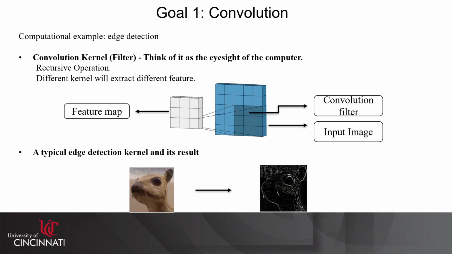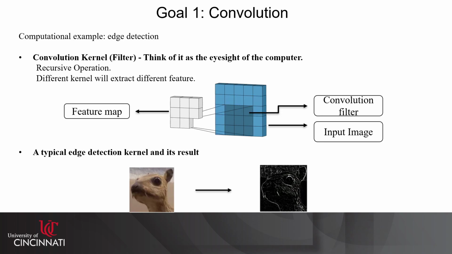And the resulting 3 by 3 matrix, which is in white color, is the feature map. The feature map is just recording all the information of that feature. So if we're detecting edges, the feature map would be the edges map. It will record the location of all the edges of the original picture.